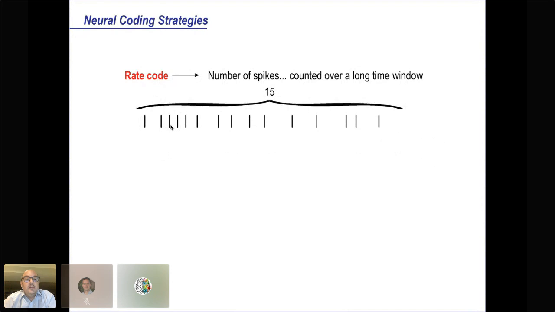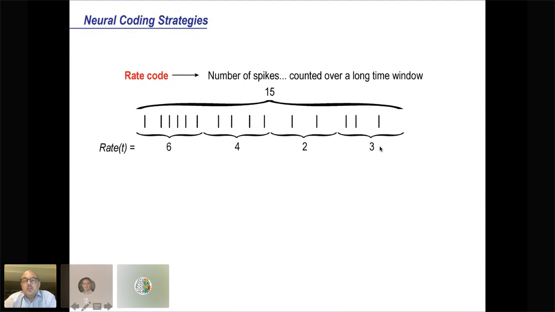We can simply count the number of spikes that the neuron produces, over a relatively long window. But if you suspect that this rate is changing over time, then you might decide we want to capture that change in rate, and so we're going to use a narrower bin.